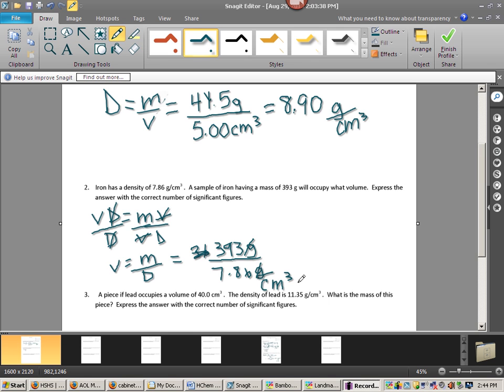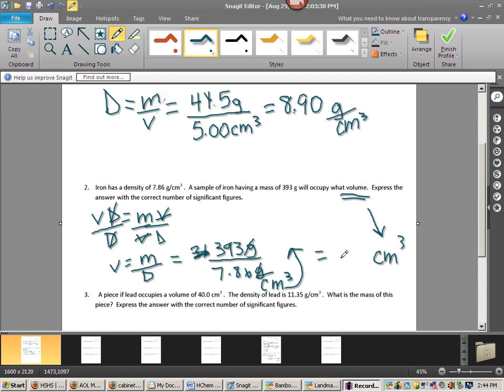The centimeter cubed is in the denominator of the denominator, which means it will become the numerator, which is good news. That means that our unit at the end is centimeters cubed, which is perfect. We wanted to know what volume, and the unit that we're getting to come out is centimeter cubed, which indeed is a volume unit. So we can feel confident that we've done our problem correctly.